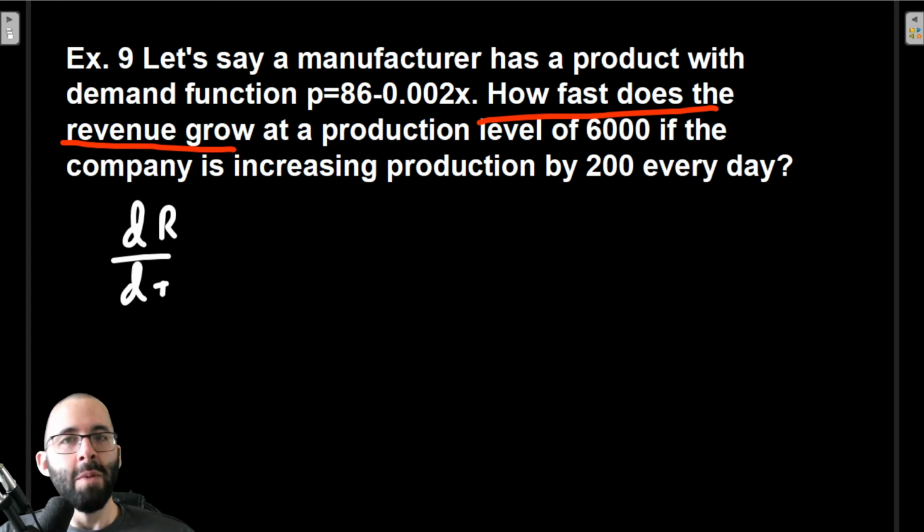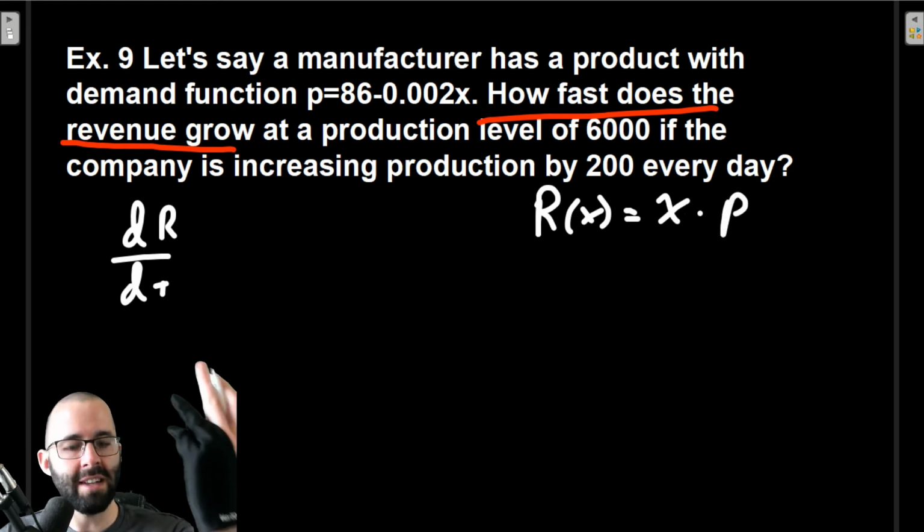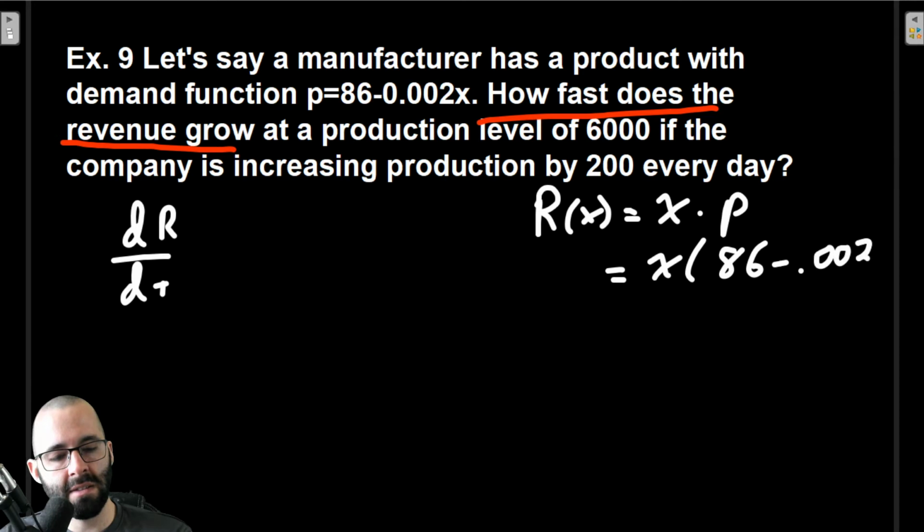But don't worry, this is 2.7's time to shine. 2.7 was just last week. And so we remember that the revenue for a product is how many things we're selling and what price we're selling them at, just like the last example. And P, again, is just 86 minus 0.002x.